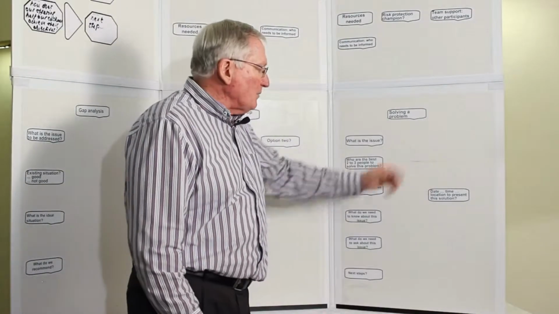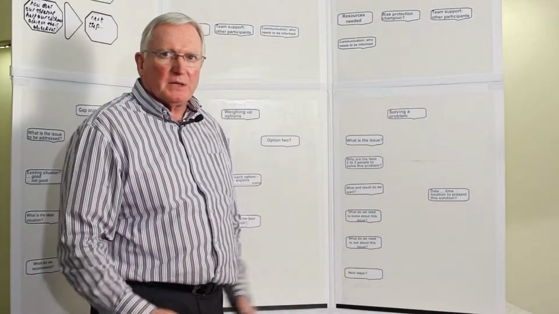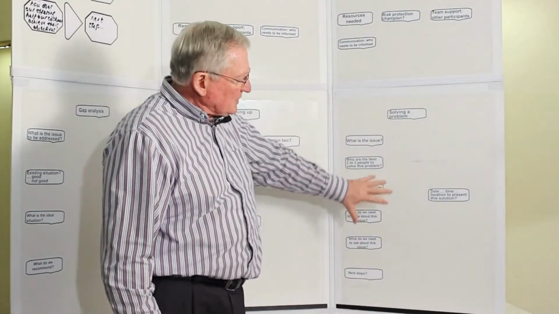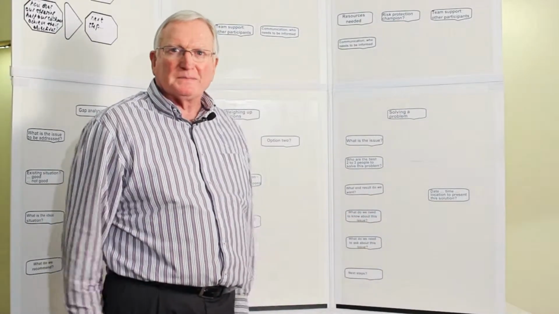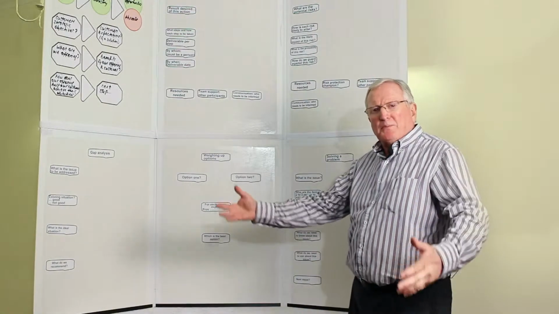And then just some of the more common stuff, like what is the date that the solution is going to be presented, what time, where is it going to be presented, and who are the people who are going to be there? Just a trigger to think of the other issues. And that's essentially the ability to solve a problem. It's just posing questions.